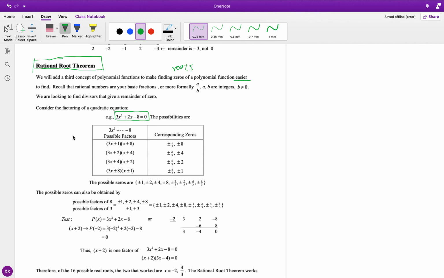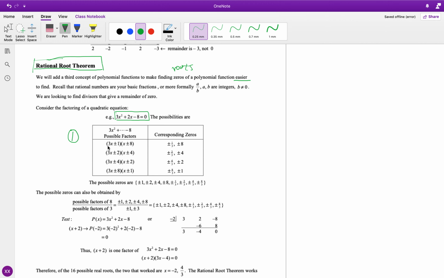A quadratic function possibly has two roots, and that means you have two factors with no remainder, or remainder is 0.